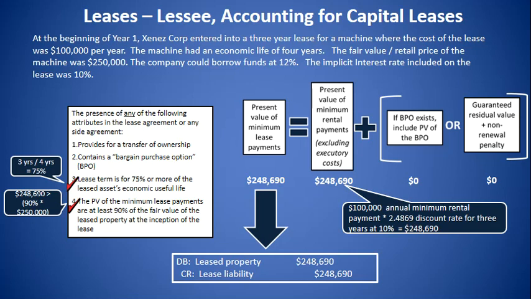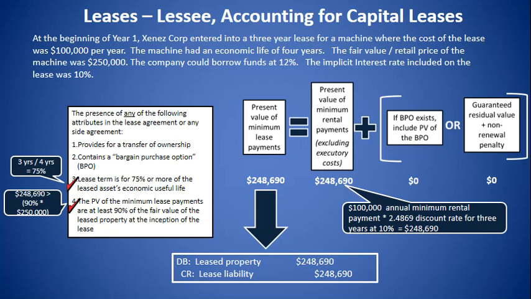We picked the lower of the two: we had an incremental borrowing rate of 12%, or the implicit interest rate was 10%. We picked the lower of the two. So the discount factor for the annuity over 3 years at 10% would be 2.4869. When we multiply that times $100,000, the present value of those three payments becomes $248,690. So that's the present value of the minimum rental payments.